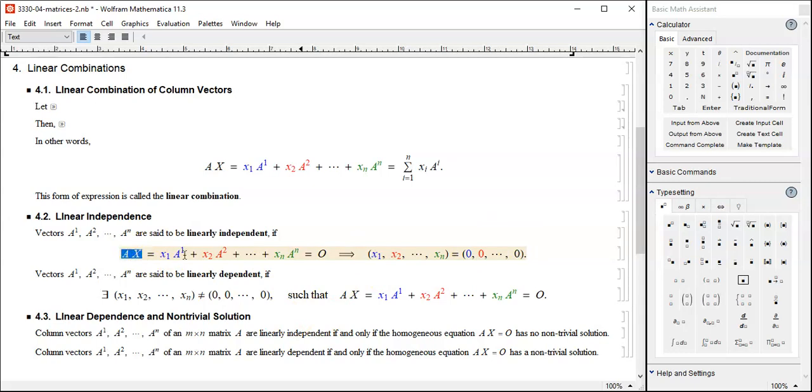Ax is equal to 0, meaning only zeros are solution, so only the trivial solution exists. That's what linearly independent means. So linearly independent means only the trivial solution, no non-trivial solution.